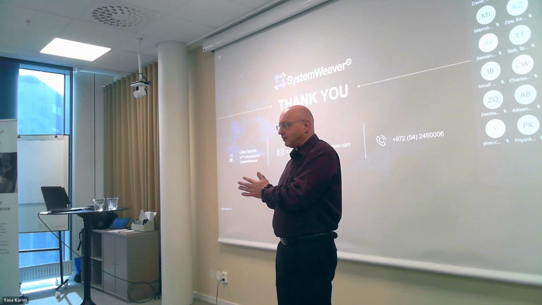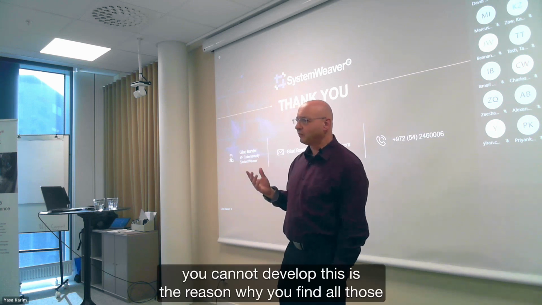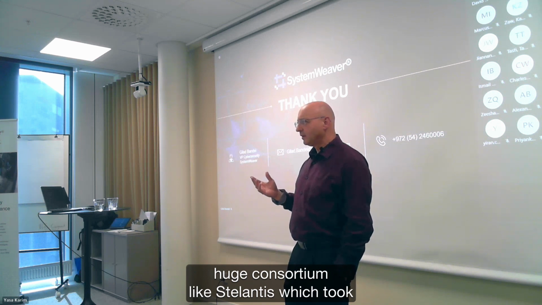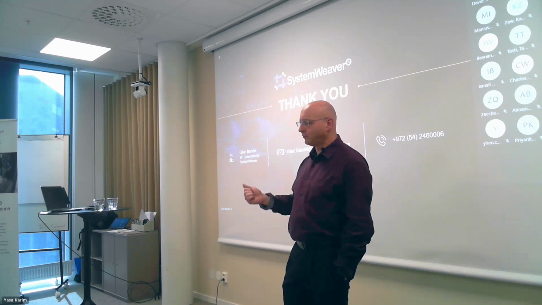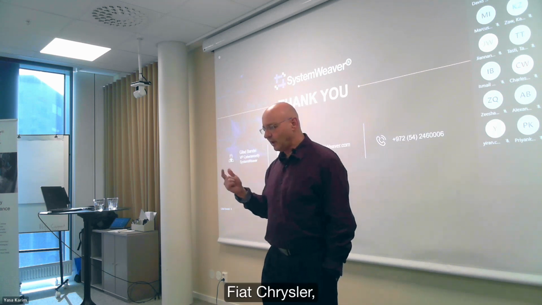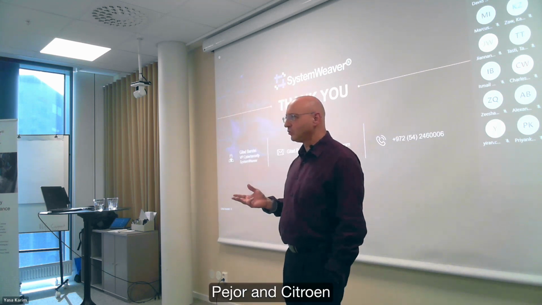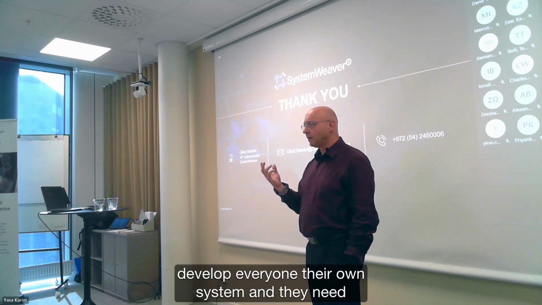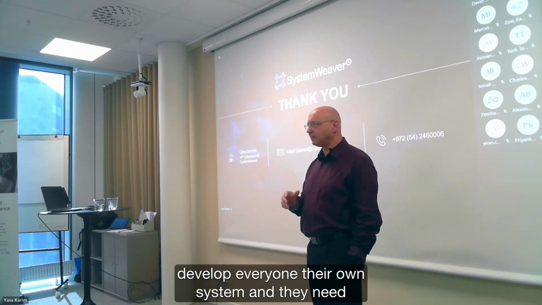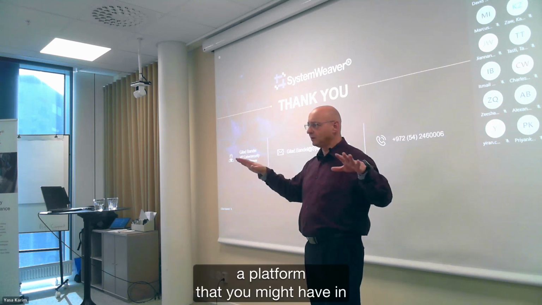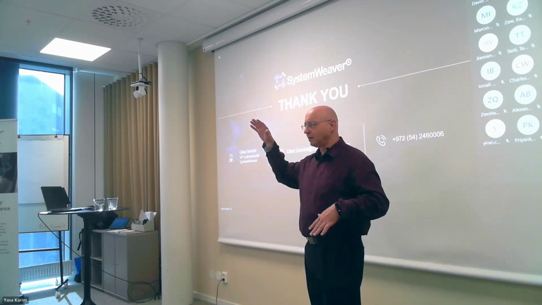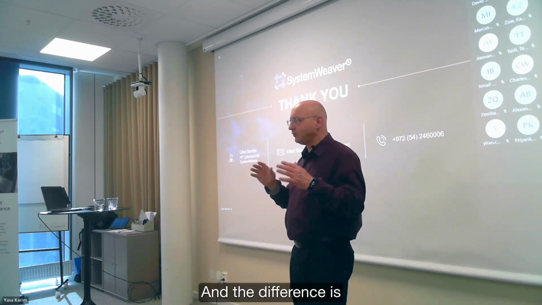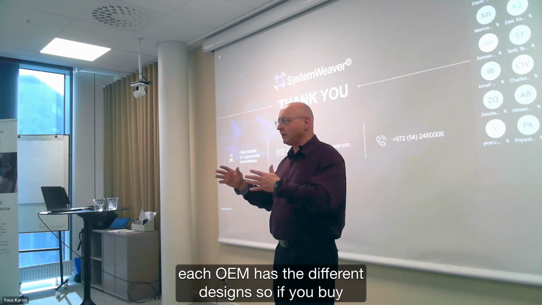And you cannot develop everything alone. This is the reason why you find all those huge consortia like Stellantis, which took Fiat, Chrysler, Peugeot, and Citroën, because they realized that they cannot each develop their own system, and they need a platform. You might have in some OEMs like three platforms, and the difference is each OEM has a different design.